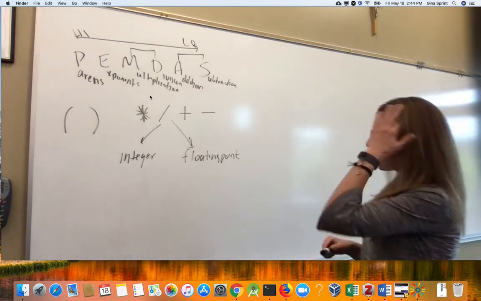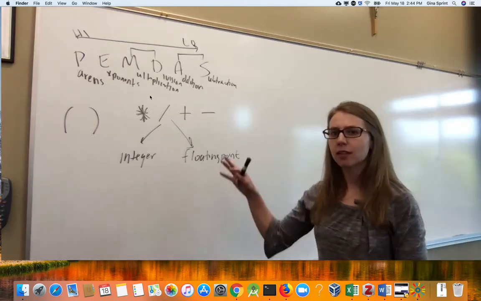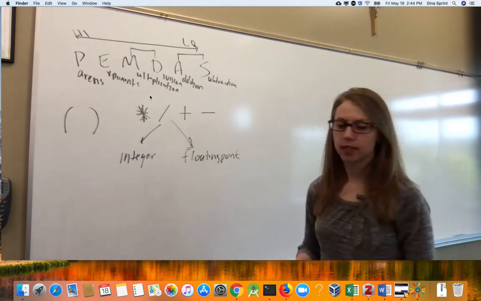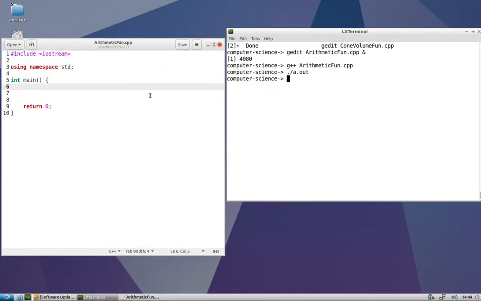So let's go ahead and head over to Arithmetic Fun, and let's just code up a little bit of practice working with these operators. So let's perhaps have a variable, let's call it x, and we'll initialize it to 5, and maybe we'll have an integer y that we'll initialize to 0.